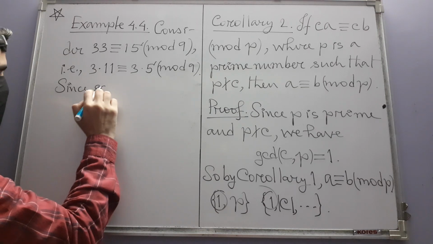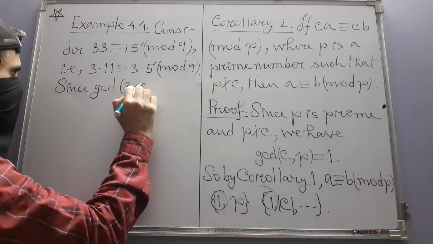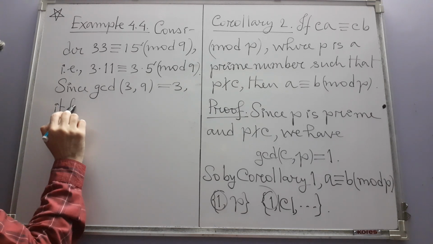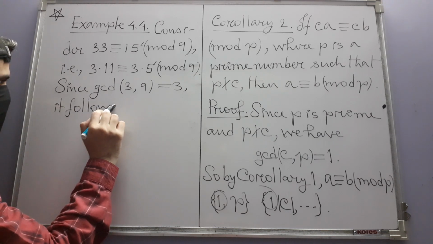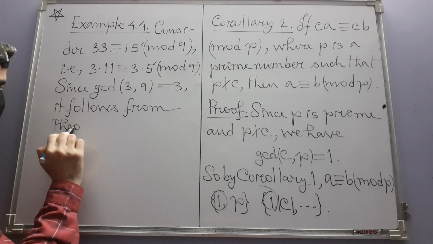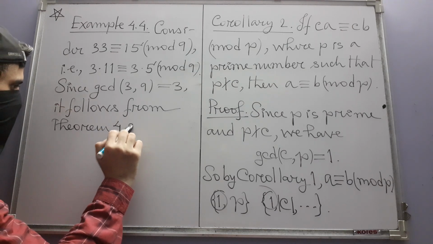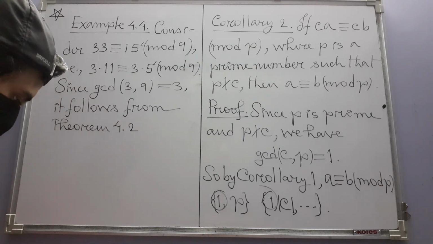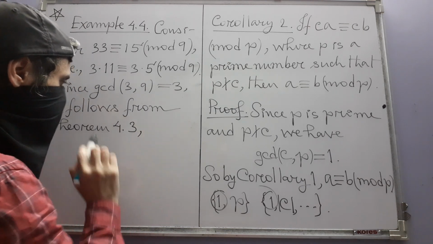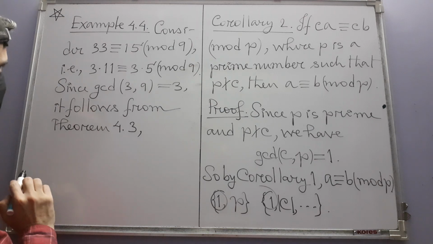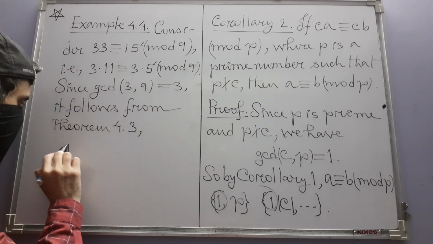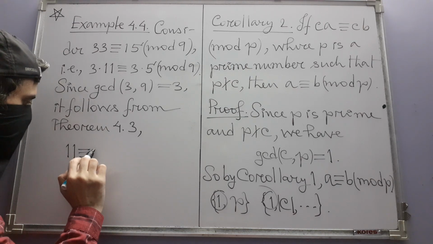Since the greatest common divisor of 3 and 9 is 3, it follows from theorem 4.3 that 11 is congruent to 5, but what is the modulus?